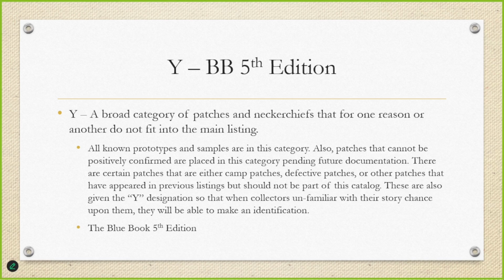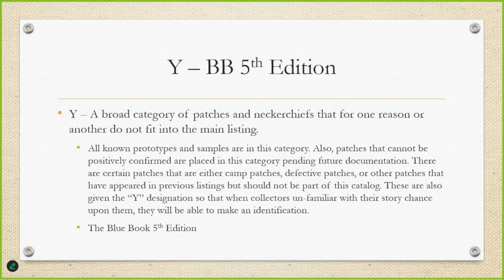But 5th edition says, for Y, a broad category of patches and neckerchiefs that for one reason or another do not fit into the main listing. All known prototypes and samples are in this category, okay? Also, patches that cannot be positively confirmed are placed in this category pending further documentation.